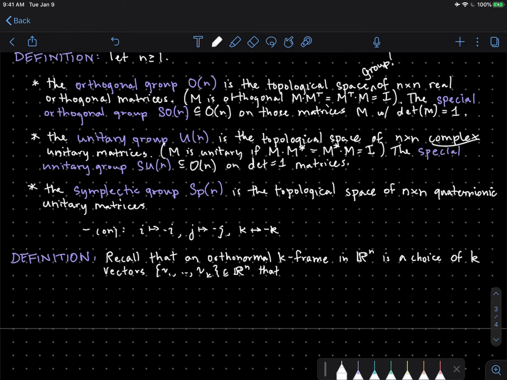Let me say, it's a choice of k unit vectors, so vectors of length 1, that are all mutually orthogonal.